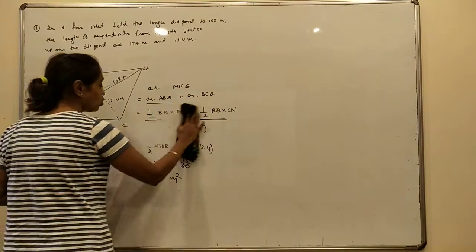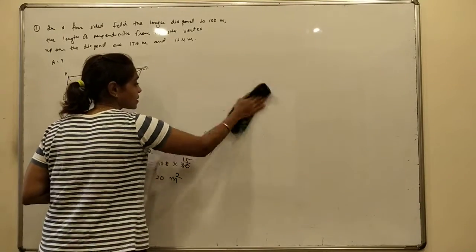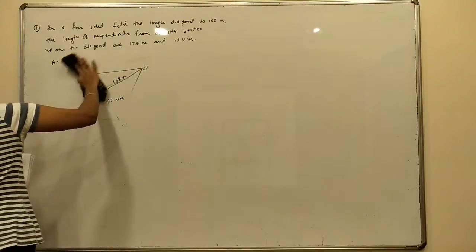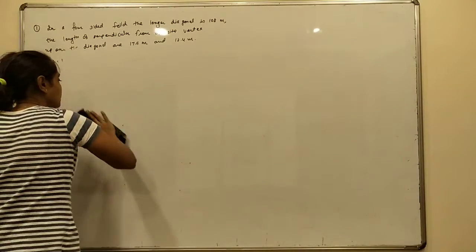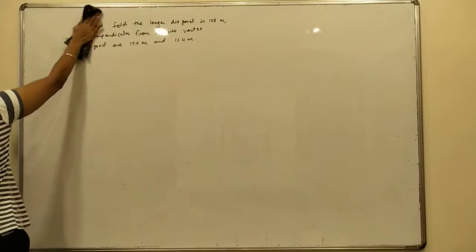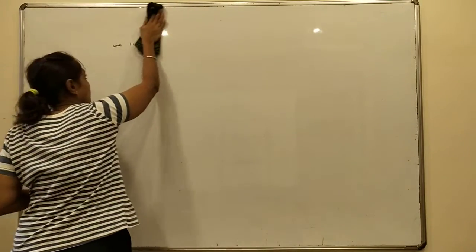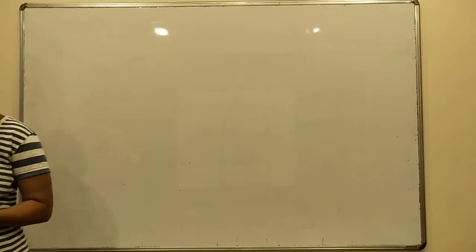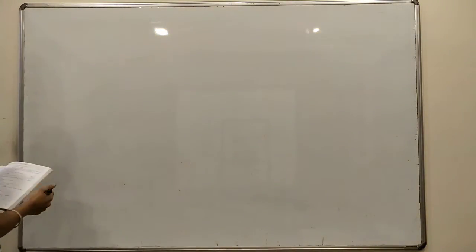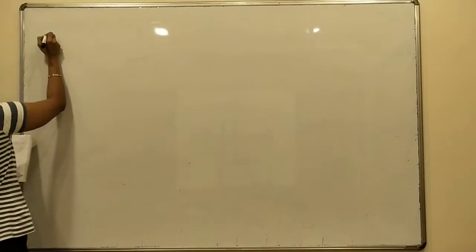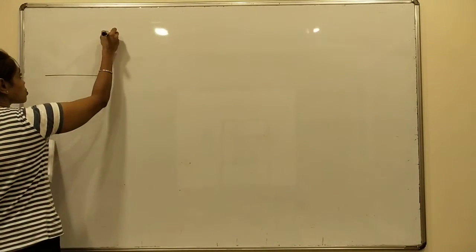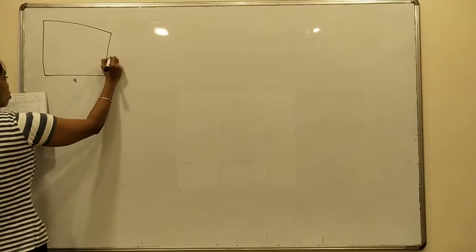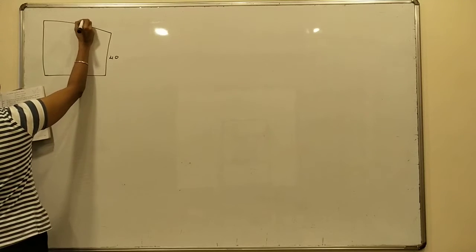Now example number 2. Find the area of a quadrilateral whose sides are 9, 40, 28 and 15.